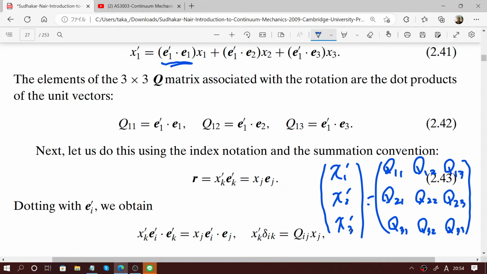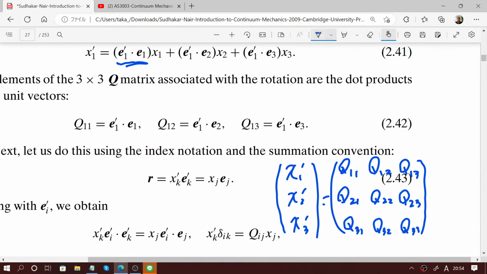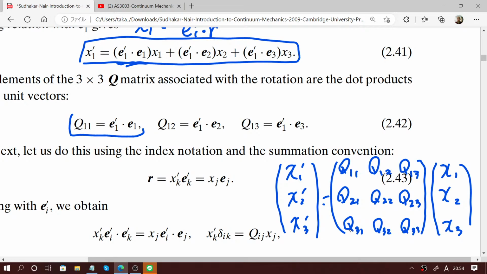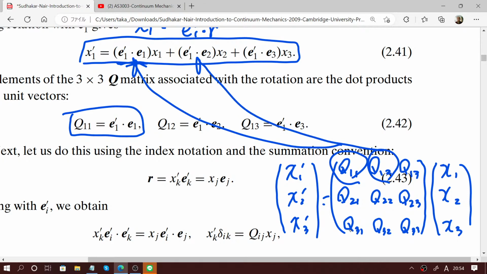Then we have here x1, x2, x3. So now look at this equation. You can identify this way: Q11 here is this, Q12 is this, Q13 is this.